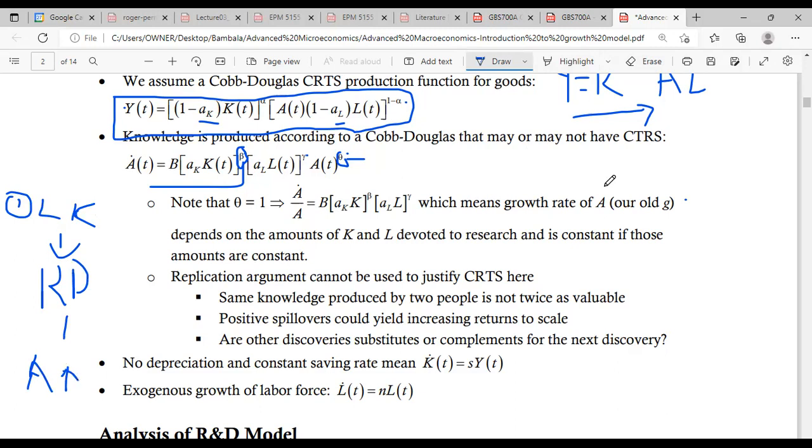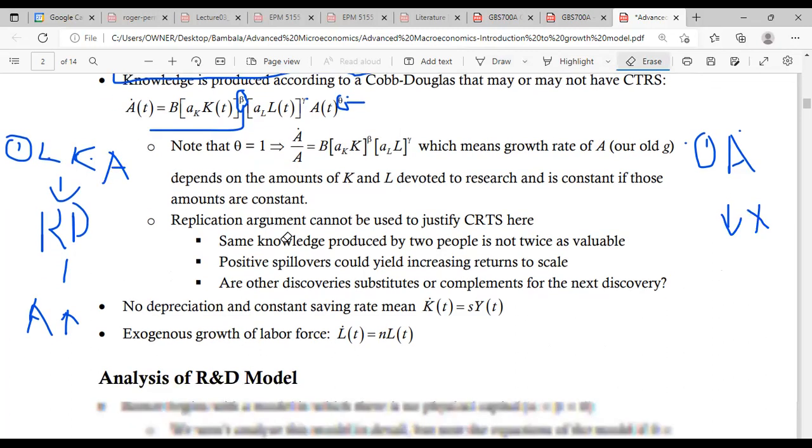Okay, and then if you use part of knowledge, then you still remain the same. It's not going to deplete. It will just remain constant throughout. All right, but an increase in the endowments of labor and capital will cause A to increase. Please, you may have to keep this and take note of that.